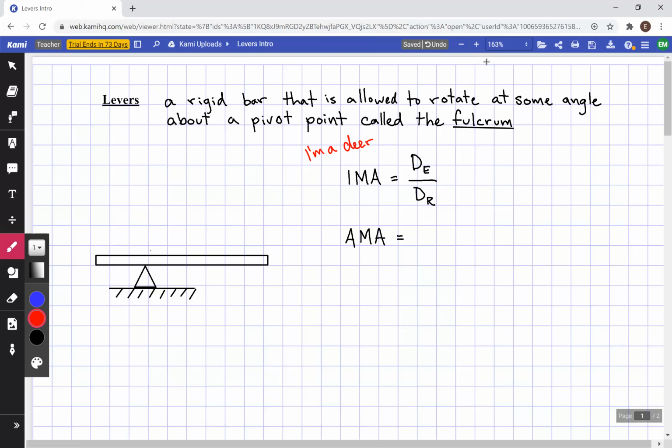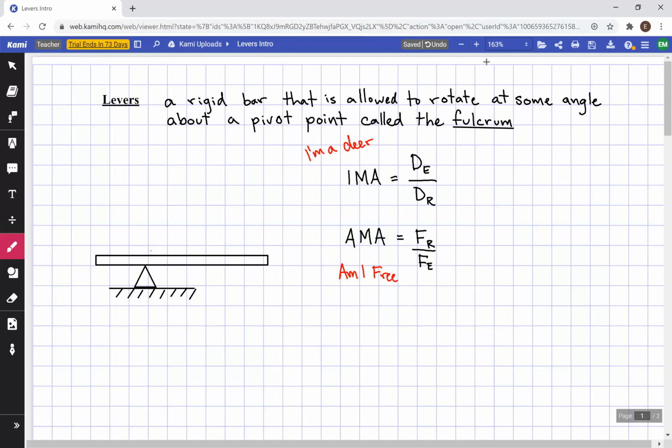And if I want to find the actual mechanical advantage, that's the ratio of the resistance force to the effort force. And an easy way to remember that is, am I free? Two little expressions that'll help you keep those two things straight in your mind.